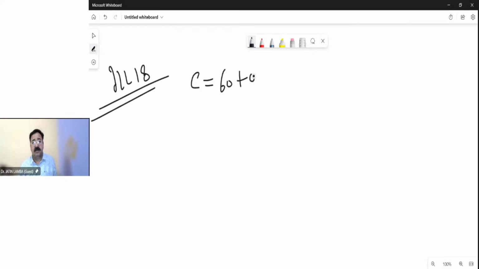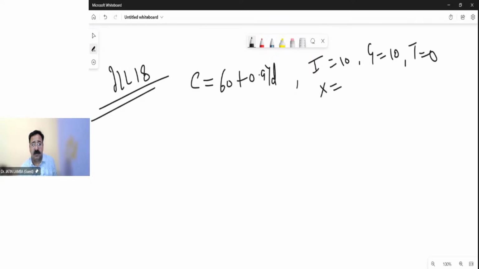I is 10, G is 10, T is 0. Export is given 20 and import is given 10 plus 0.05y.